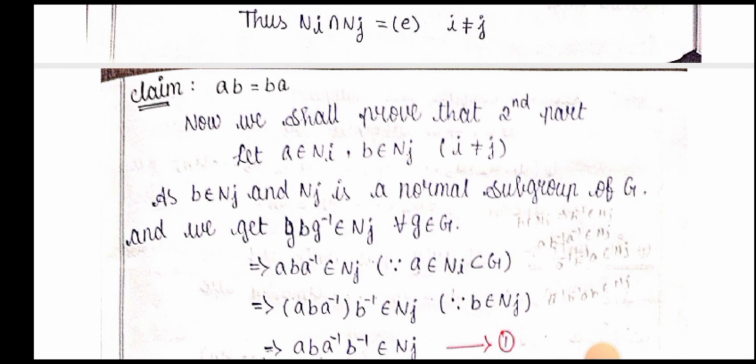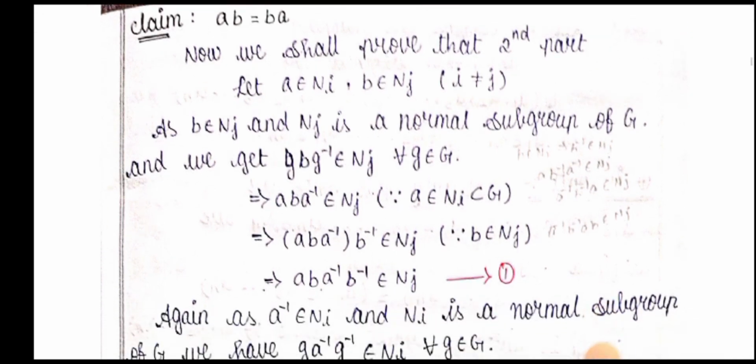Again we consider an element in Nj, that is b inverse, because we have taken b in Nj and Nj is a subgroup, so its inverse also exists. Therefore I can write a b a inverse into b inverse also belongs to Nj, which implies a b a inverse b inverse belongs to Nj.